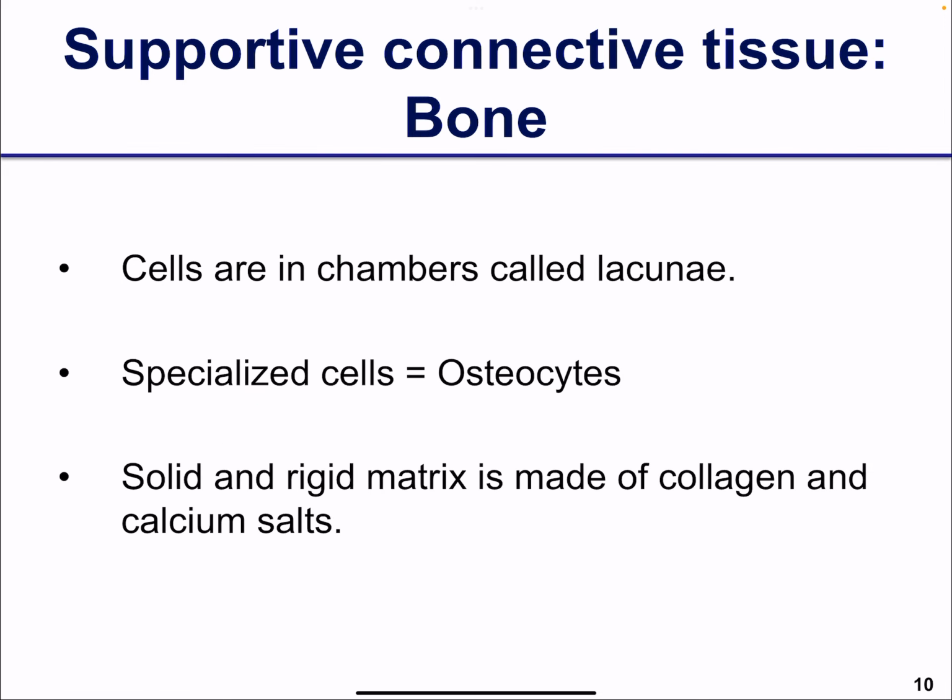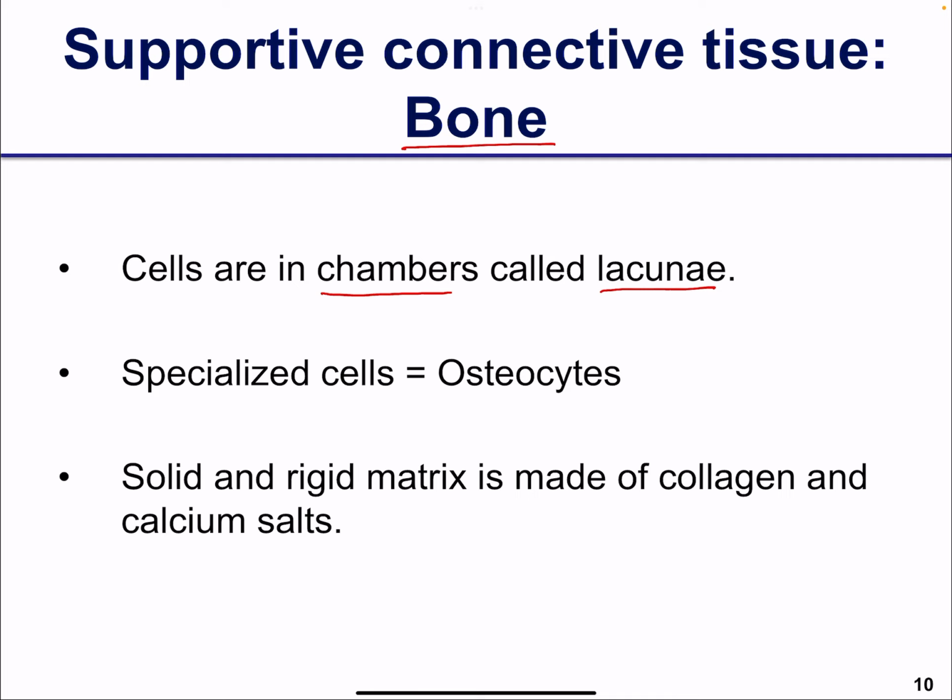The next supportive tissue is the bones. The bones are solid and rigid, right? Because of that, the specialized cells are also going to be in little chambers. These chambers are also called lacunae.